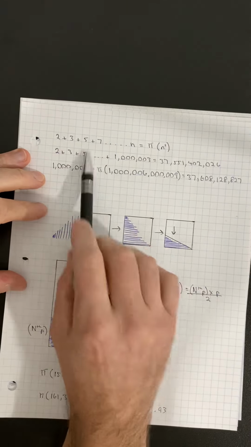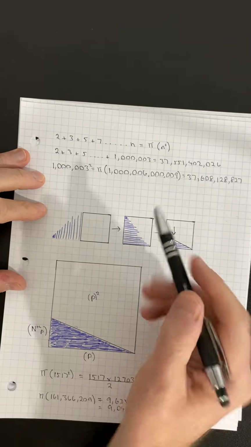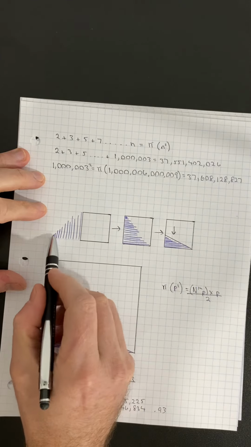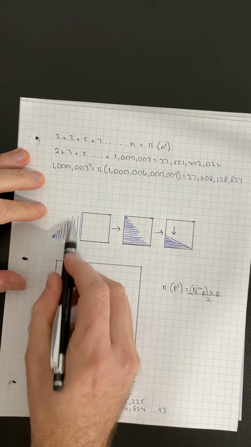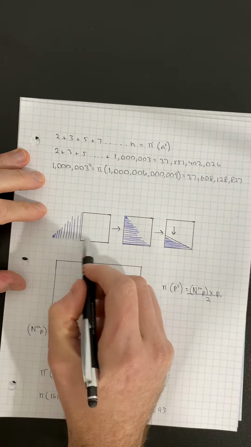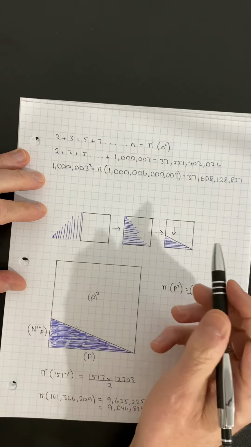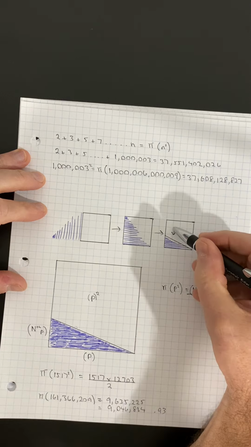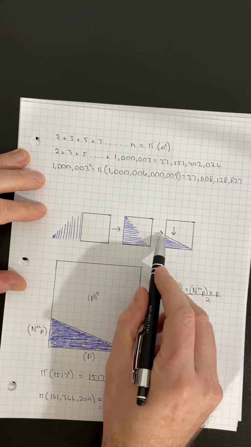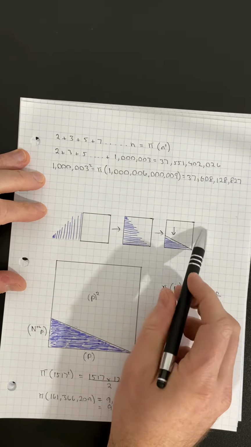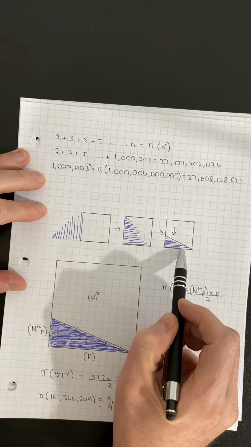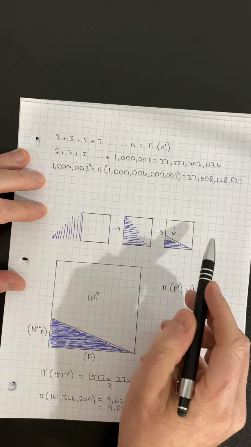So I played around with this idea for years, and I tried to visualize it. So here's the sum of the primes, there's the square at the end. Eventually I realized you could put this inside the square. And then I realized you can push these all down and make a triangle. Now this is a geometry problem, which is a lot easier.